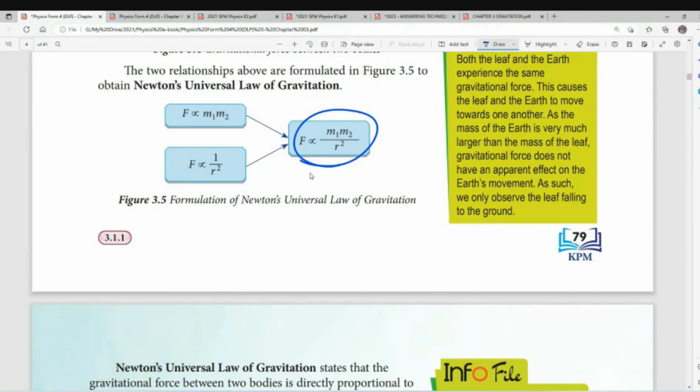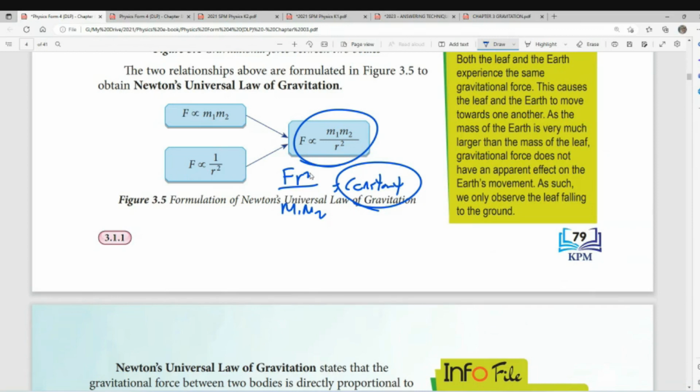But the problem is when we want to turn it into a formula. When we rearrange it, F R squared over M1 M2 will equal one constant value. Whether this constant equals 1 or some other value, we have to prove it by formula, especially when we plot the graph.